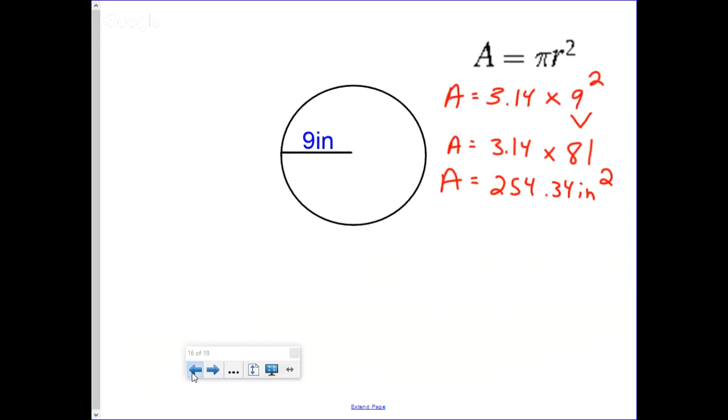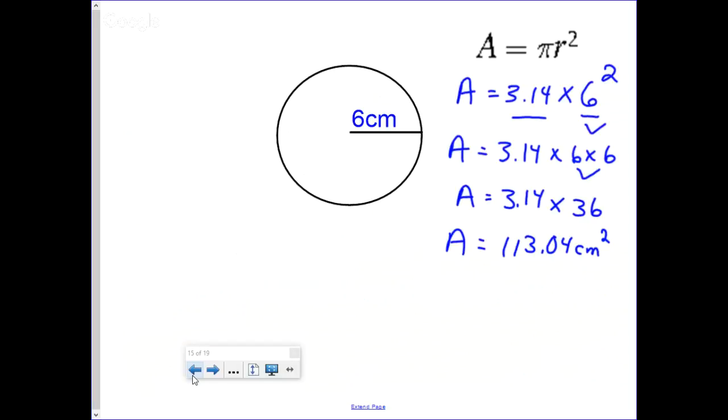Okay, if you're given a radius, which we are in this circle, 6 centimeters, that's an R, that's a radius, and the formula has an R in it. So you just go ahead and fill in the 6 where the R would go in the formula, which we have done right here.